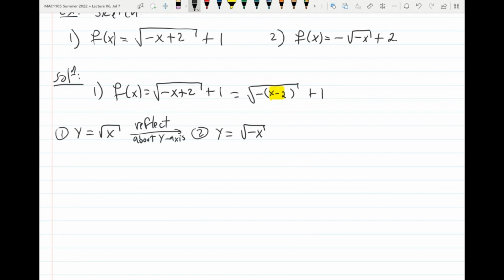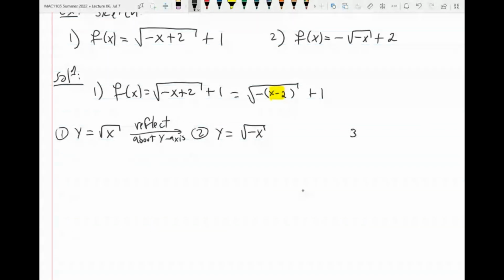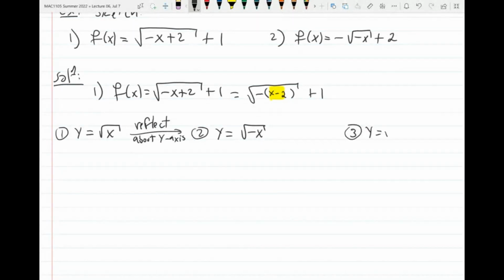Okay? So remember, we're going to slowly build our way towards this formula right here. This is the one that I'm focusing on right now. So remember, you are allowed to replace x by x plus something or x minus something. So what do we need? We need to replace x by x minus 2. We can do that. And this, of course, is the same thing as this piece.